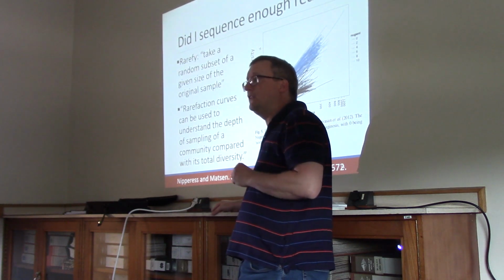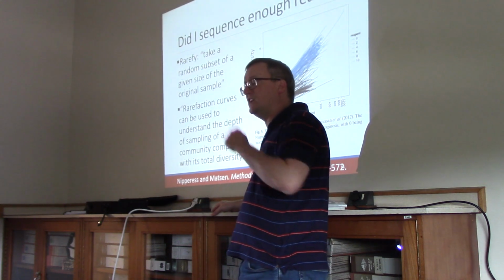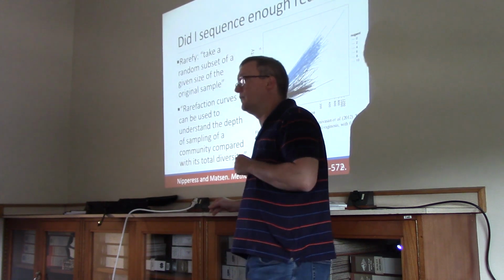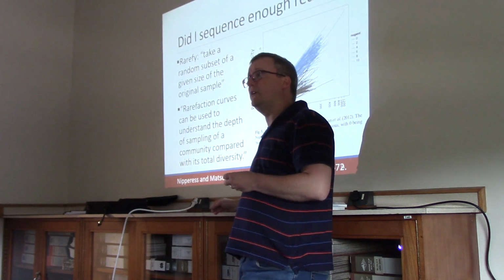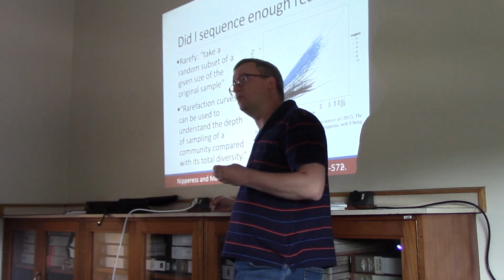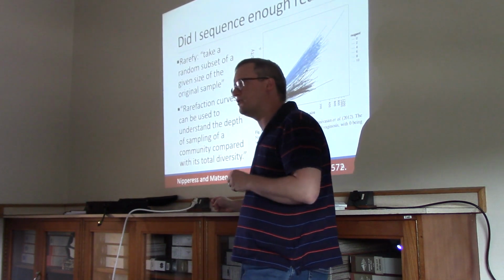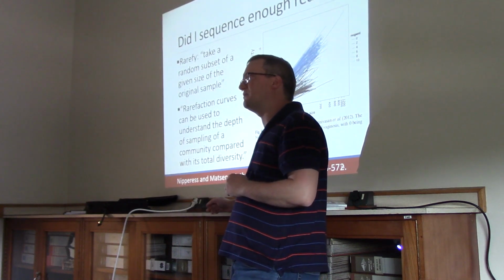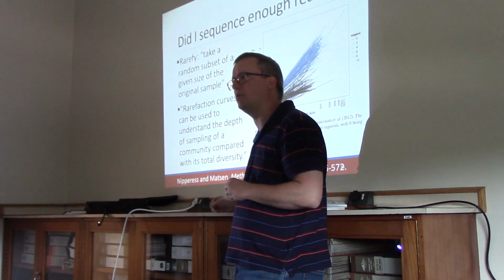Is this only relevant to microbiomes and sequencers? It's not. So in proteomics, we frequently bemoan the fact that we don't see all the proteins, or that we don't have quite as much sensitivity as is possible with something like RNA-seq, for example.